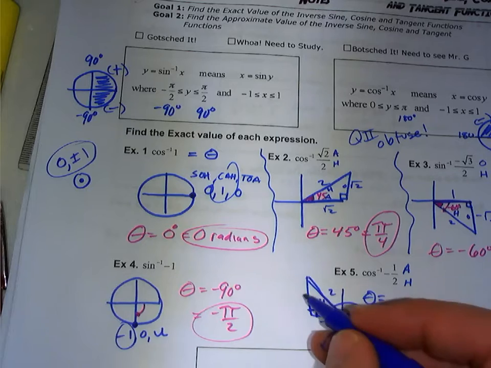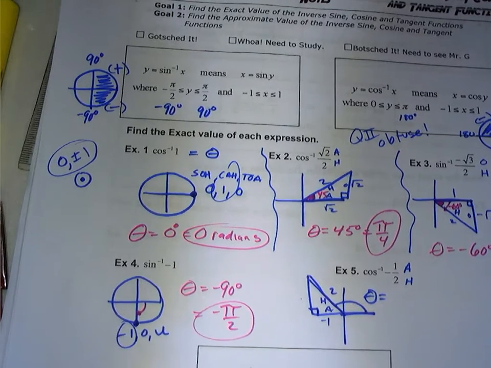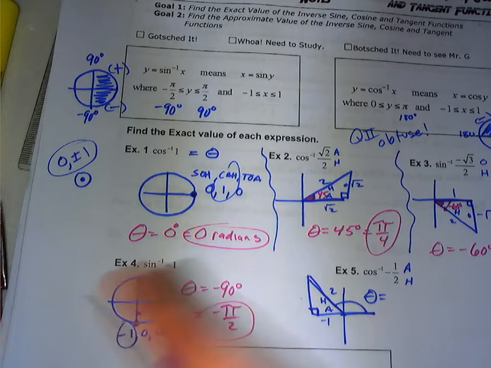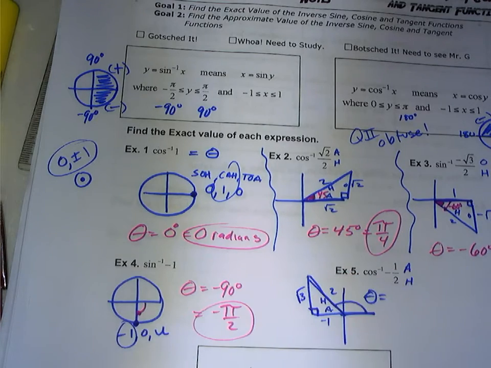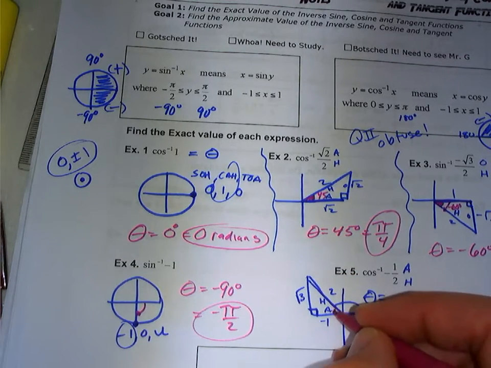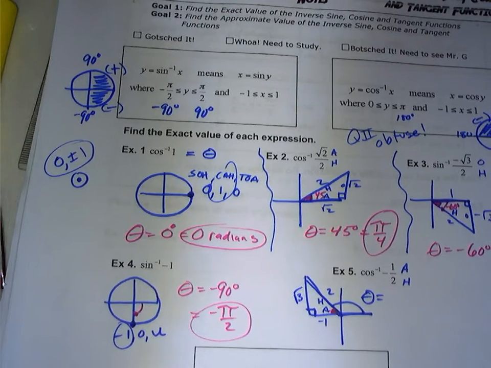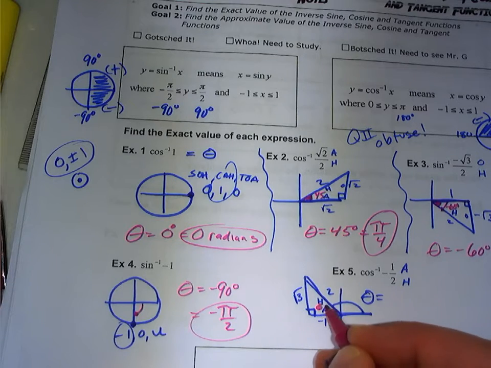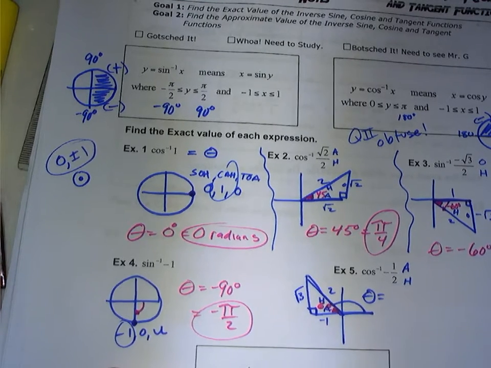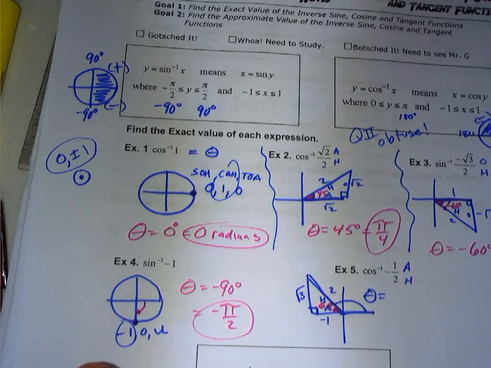Now, what's this side from our reference triangle? That's root 3, right? And now we need to come up with that angle. What's across from root 3? 60 degrees, right?